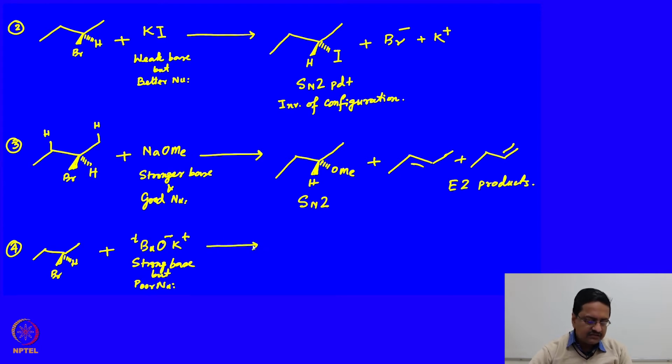By doing this reaction with a non-nucleophilic base, we would only get the E2 elimination products, with this being major and the other one being minor.